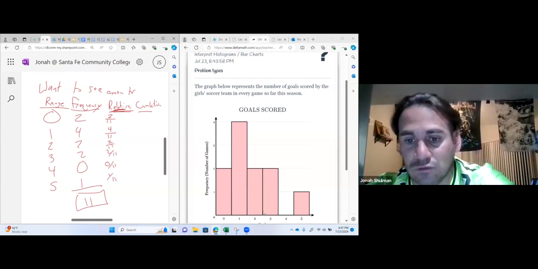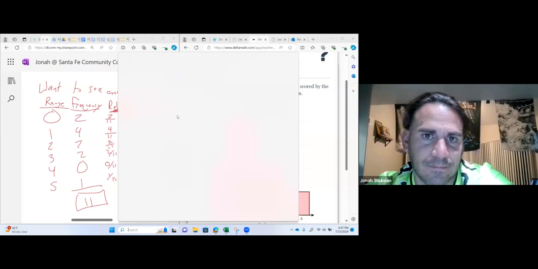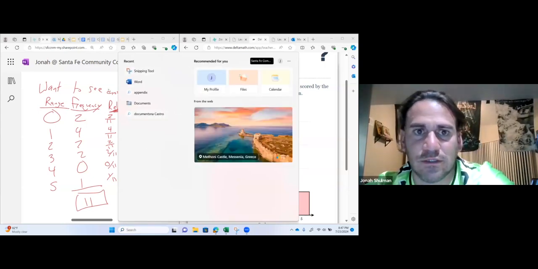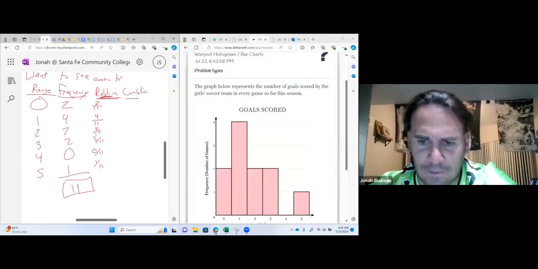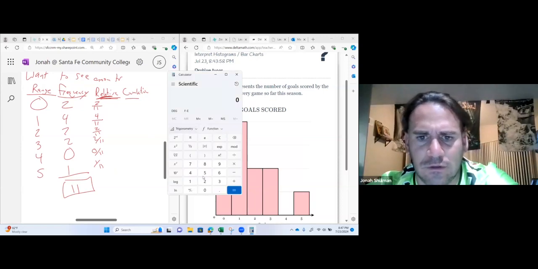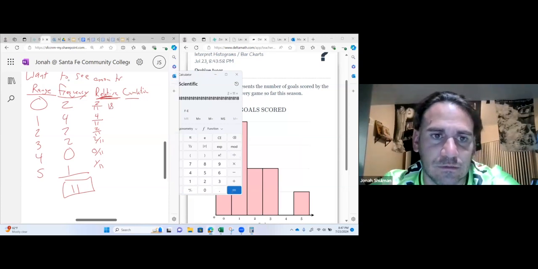A lot of times they show the relative frequency as a what? Percentage. I guess I'll just use this other calculator. All right. So 2 divided by 11 is 0.18 or 18%. So this is also 18%.